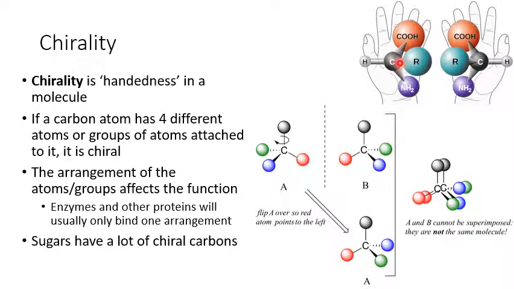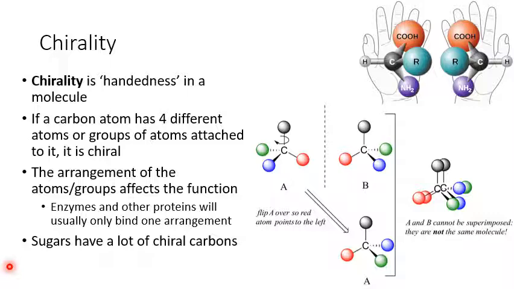So every amino acid can have either a left-handed version or a right-handed version, and that depends on the way that these other groups are arranged around that central carbon. If you change the way that they're arranged, you're going to get either the left-handed or the right-handed version of that molecule. Chirality can occur in any molecule that has a carbon atom with four different things attached to it.